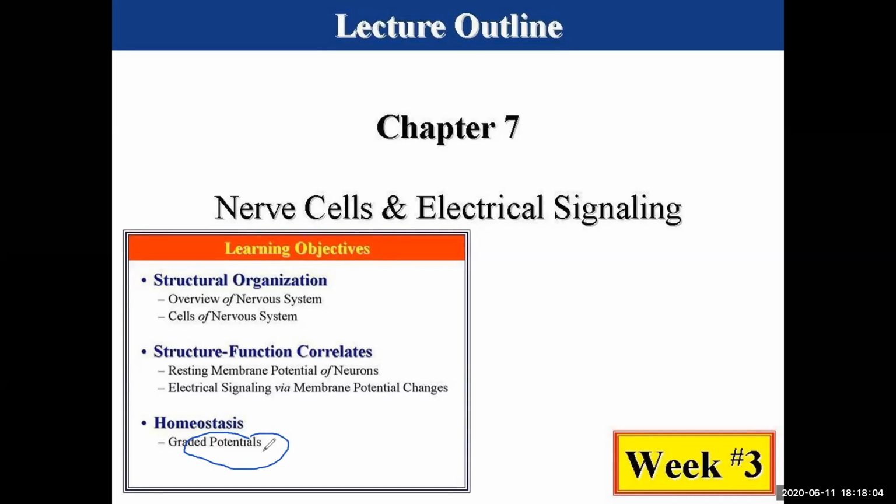And then on the next recording, we're going to talk about the most beautiful mechanism of them all, the mechanism to generate an action potential. And so for today, we're going to end with graded potential. So that's the gist for the first part of chapter 7. With that said, let's get this thing started.